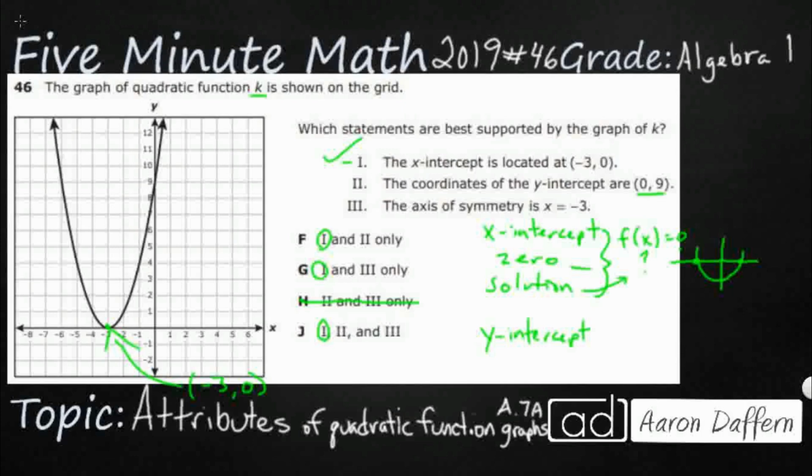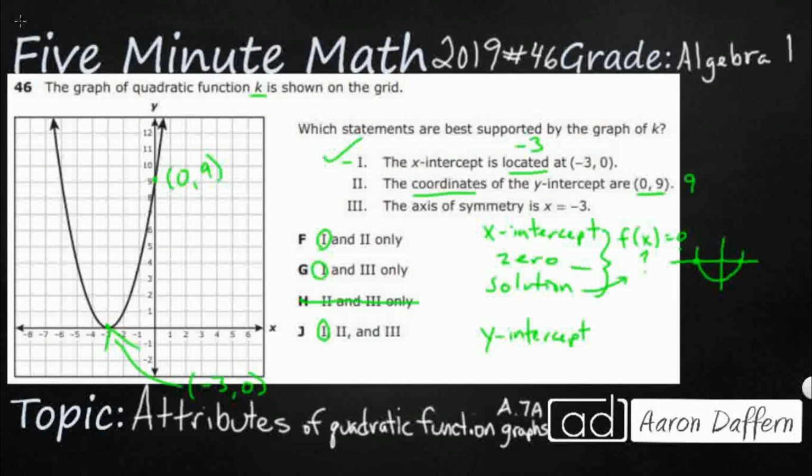Well, let's see. That's 0, 9. That does visually look like a y-intercept there. Now, it says the coordinates and is located at. Sometimes they will just give you the x-axis value. They could have said the x-intercept is -3. They could have said the y-intercept is 9.